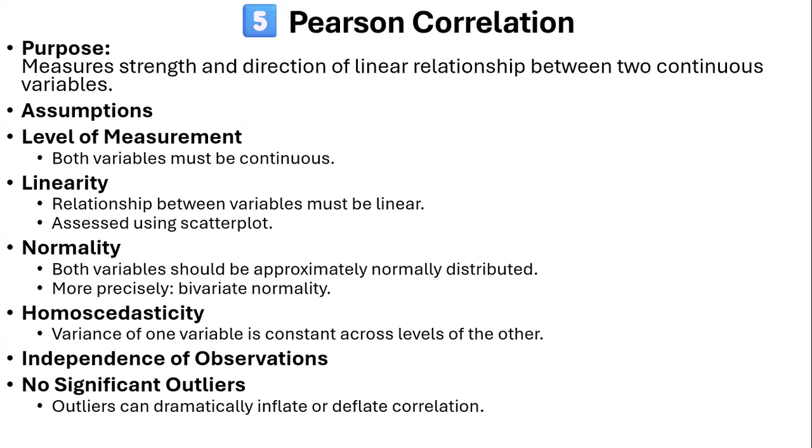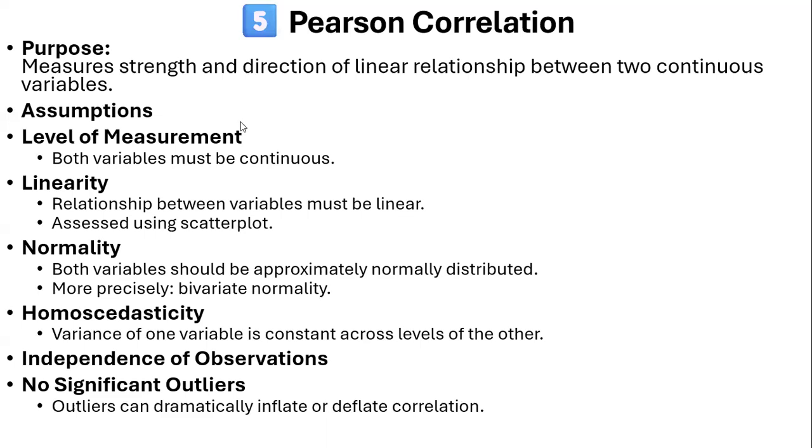So essentially, the essence of running any correlation analysis is to measure the direction, whether they are increasing or decreasing, and the strength of the relationship between two or more variables. But if we are conducting a parametric test, then we become interested in what we call the Pearson correlation analysis, which emphasizes the use of continuous variables.